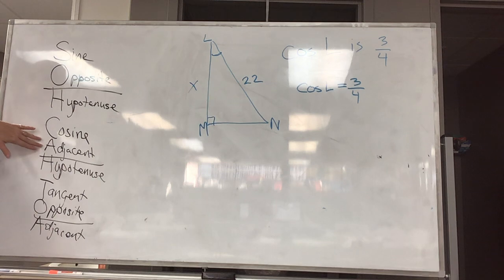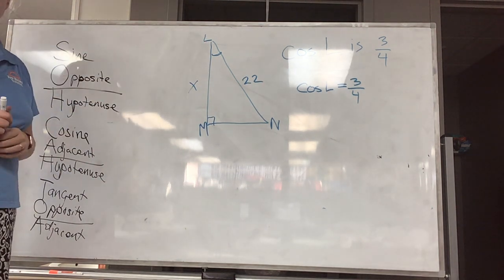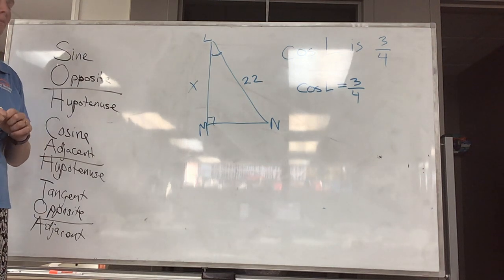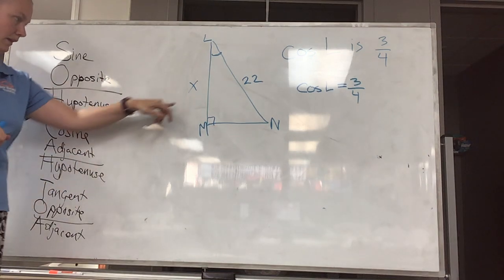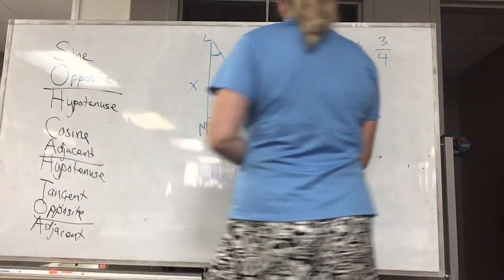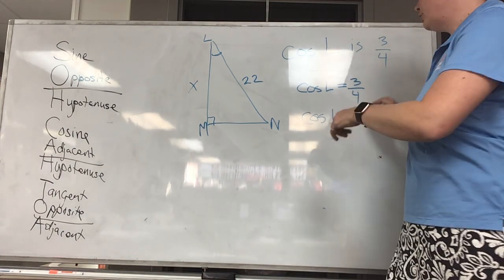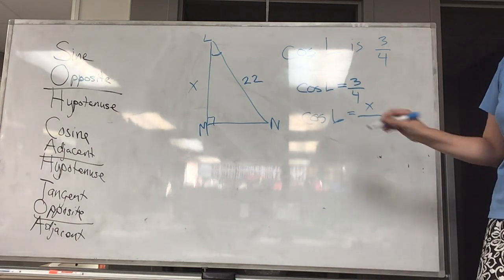Cosine says we need the adjacent over the hypotenuse. What is adjacent to angle L? X. The X. So we have cosine of L is equal to X over hypotenuse of 22.